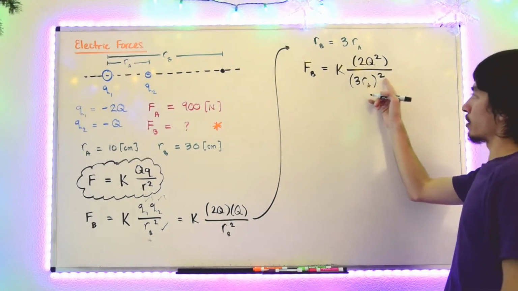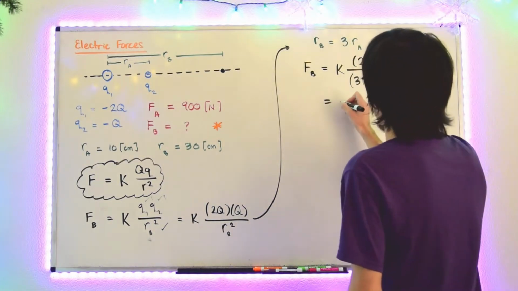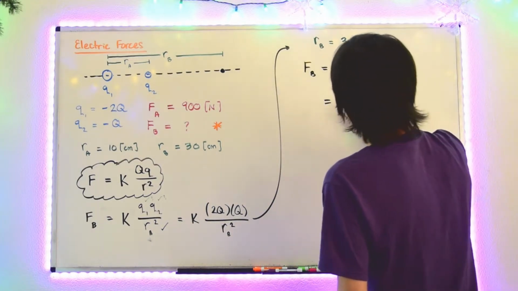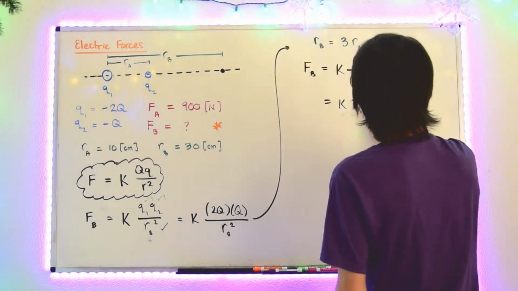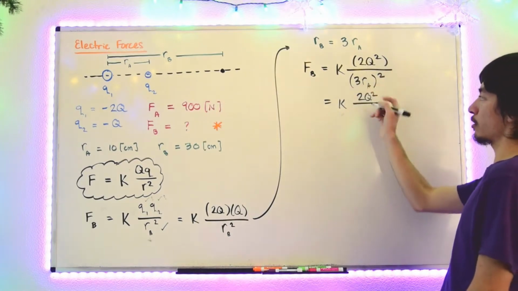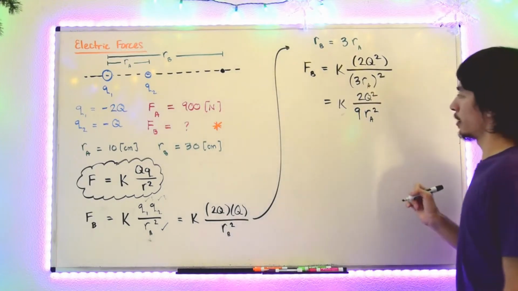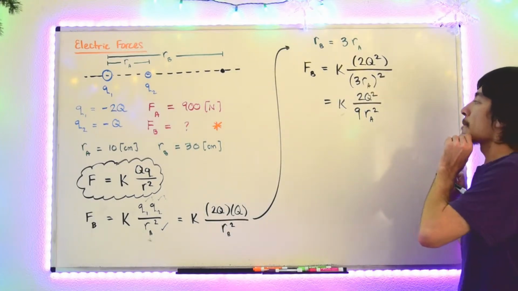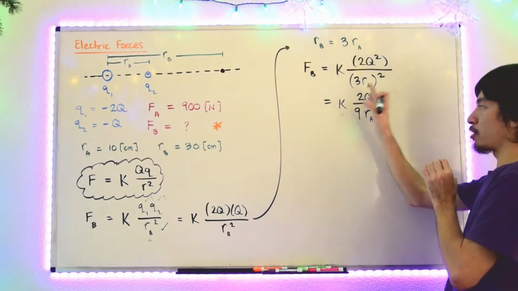If we square this out, what we get is k times 2Q squared on top, and we have to distribute the square to both things, so we have 9RA squared.